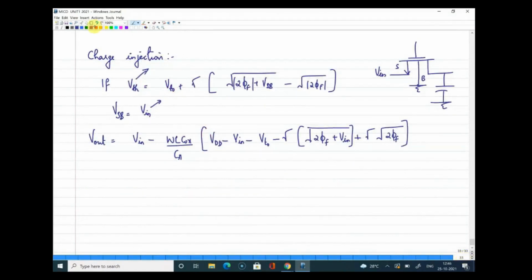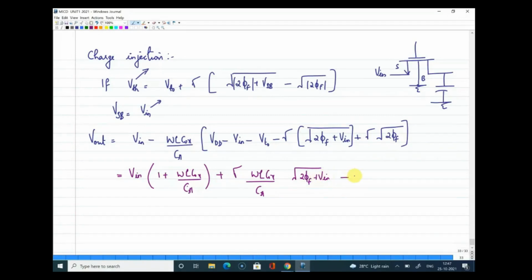Now if you rearrange this, I'll take Vin common because I have two terms coming in. So Vin into 1 plus WL Cox by Ch is one term, plus I have gamma into WL Cox by Ch as the term which will have this root of 2 phi f plus Vin term.